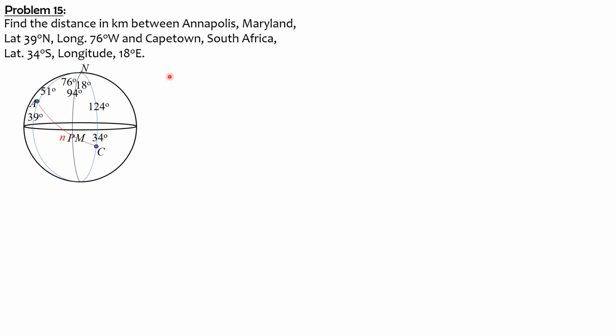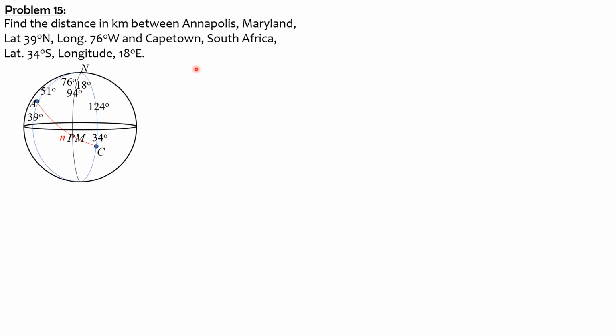So that you will have an idea about the law of cosines for the sides, it is cosine of n, this side here, is equal to cosine of A, cosine of C, plus sine of A, sine of C, cosine of angle N, capital N. So that's one of the three formulas for law of cosines for the sides.